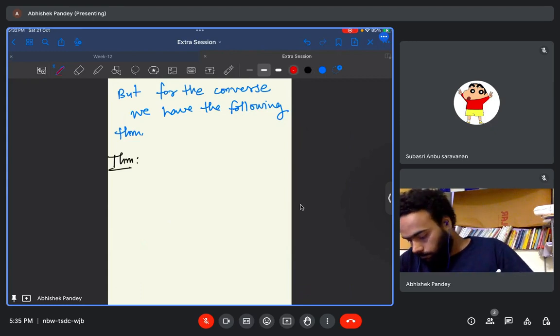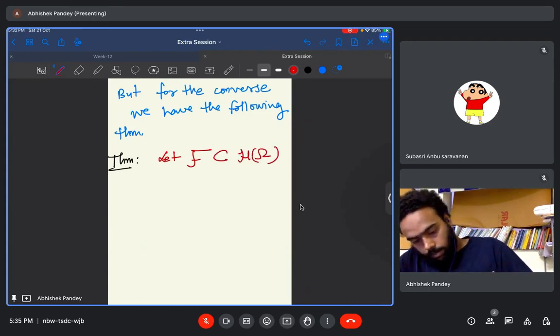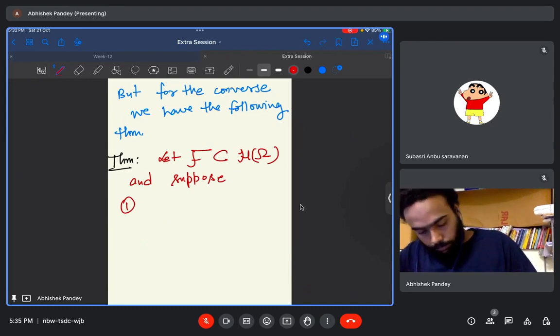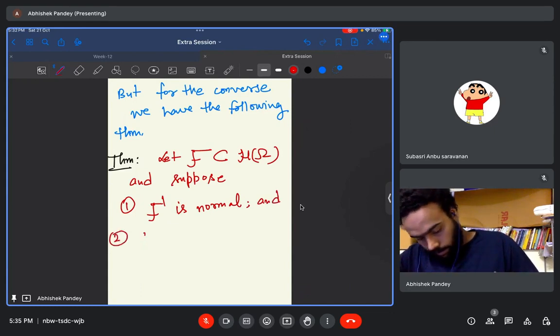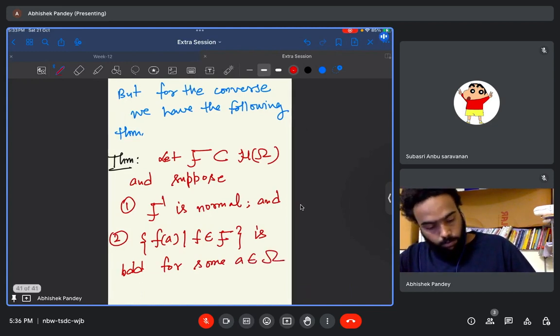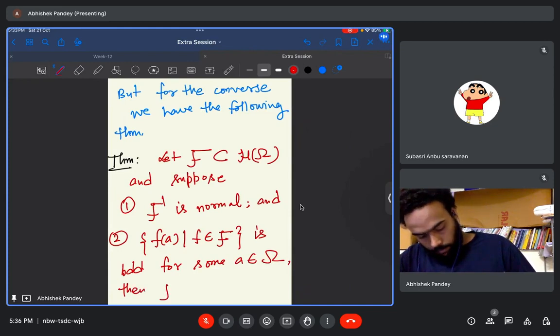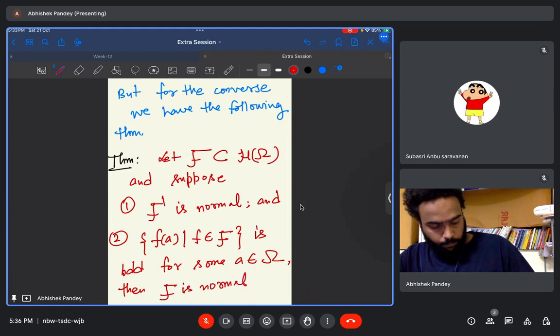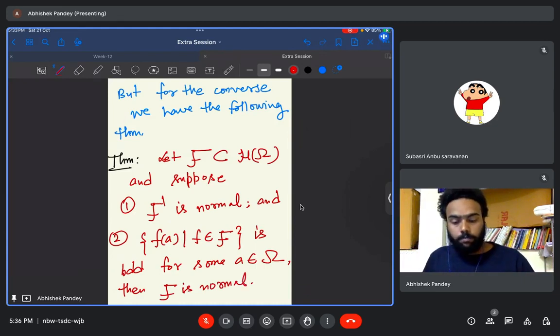Theorem is like, so let F be a family of analytic functions, and suppose first, suppose F dash is normal, and second condition is f(a) such that f belongs to F is bounded for some a belongs to omega. Okay, if these two conditions hold, then F is normal. So this is the statement for the converse.